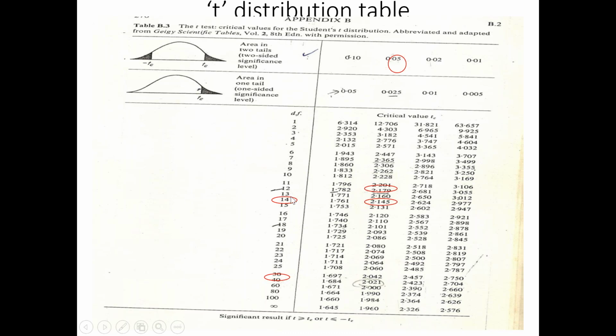In the previous example, the degree of freedom was 14, and the corresponding value of T at 0.05 is 2.1. The calculation showed the value of T 5.49. We need to locate that 5.49 in this table at degree of freedom 14.